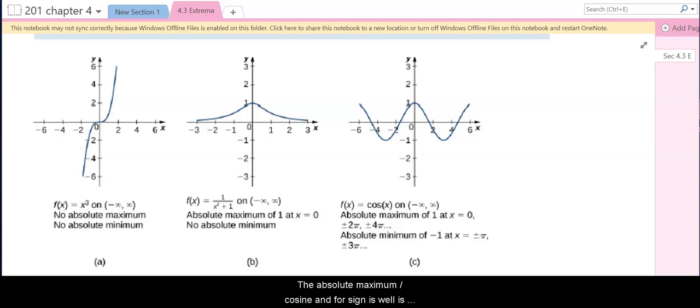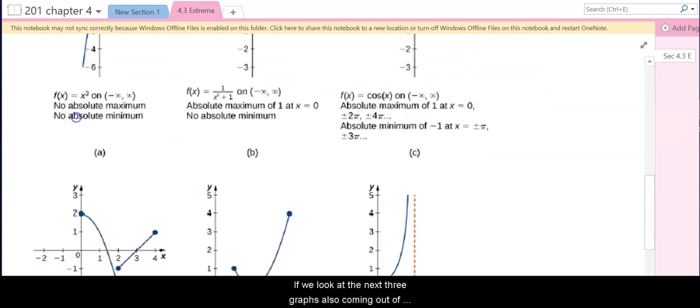In this case, the absolute maximum for cosine, and for sine as well, is the number 1. It occurs infinitely often. For cosine, the value of 1 occurs at the even multiples of 2 pi. The absolute minimum is negative 1, and it occurs at the odd multiples of pi.